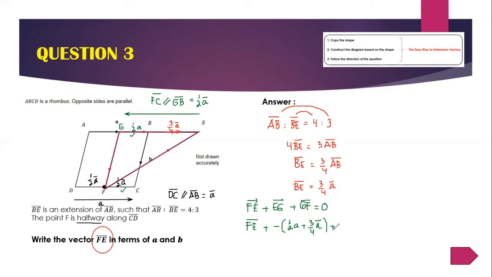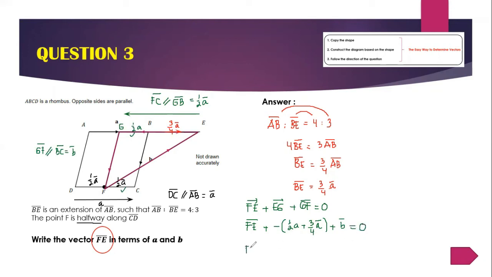Next, vector GF. Vector GF is parallel to BC, equal to vector b, and the direction is the same, so we write positive b. Equal 0.